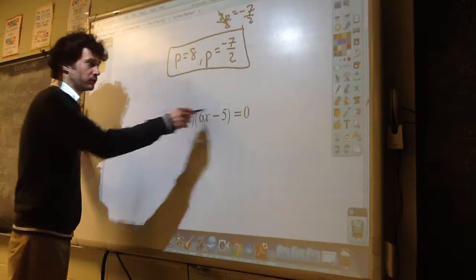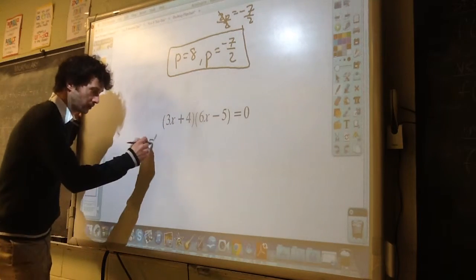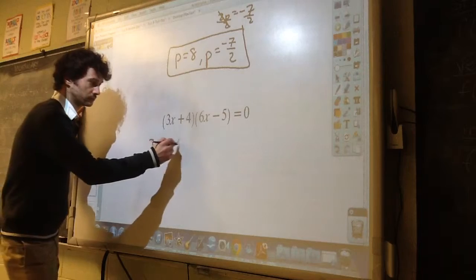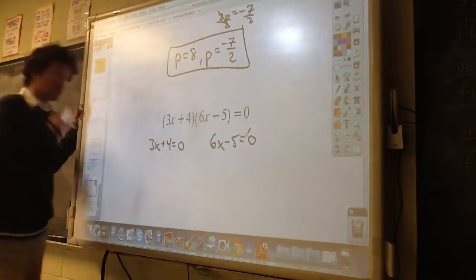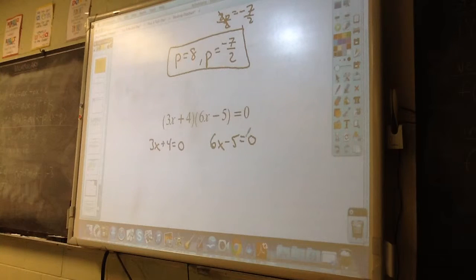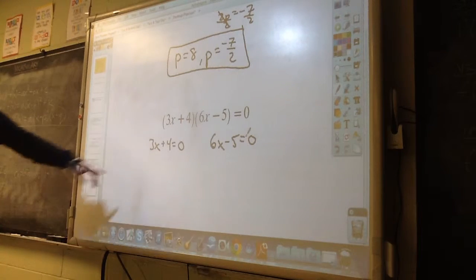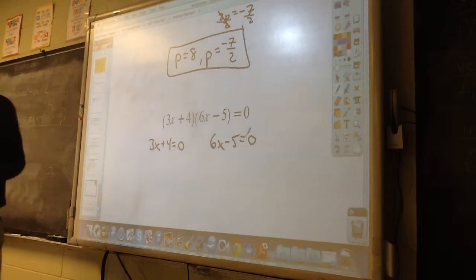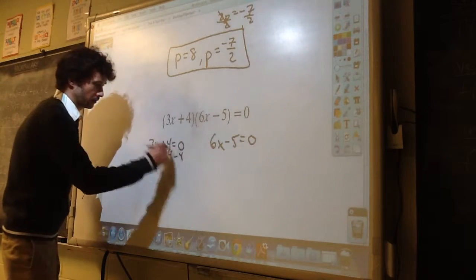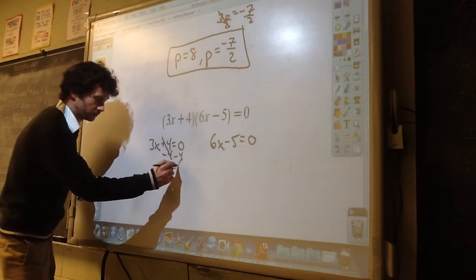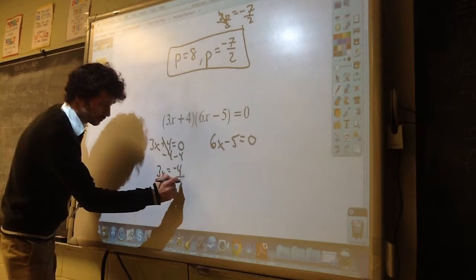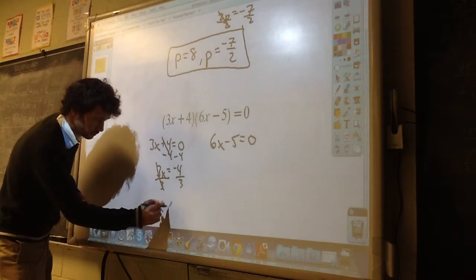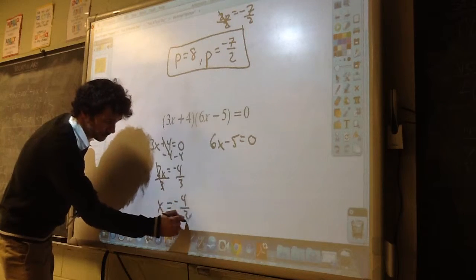Okay, either this has got to be 0 or this has got to be 0. So we set up our two equations. And we solve them. Listen, what do I need to do first to solve this one? Good. And so I get 3x equals negative 4. And then what do I do? Divide by 3. And since 3 doesn't go evenly into negative 4, this answer is a fraction.